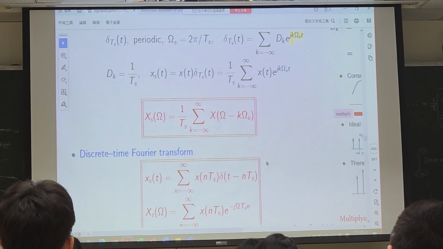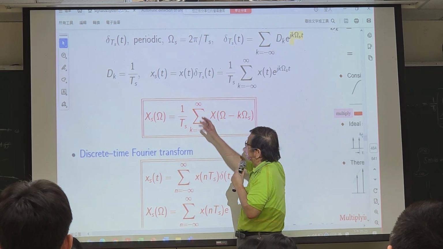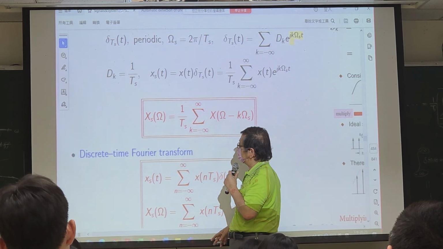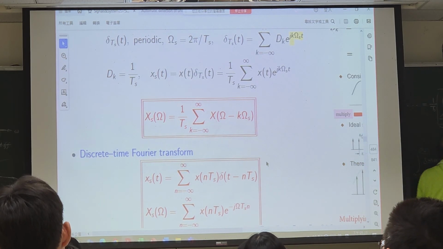Look at this one more time. We have the signal x(t) as the original signal, and the power spectrum is X(omega).